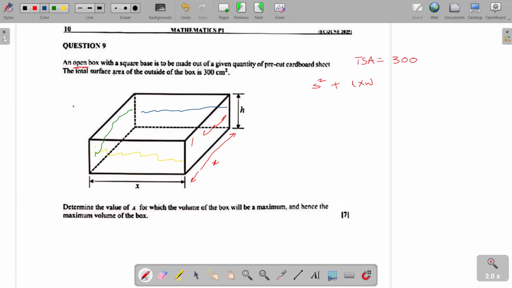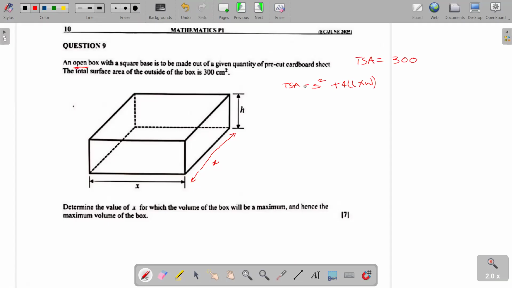So we are going to multiply that length by width by 4, because we are having 4 of those. This is what we are going to use to get the total surface area.